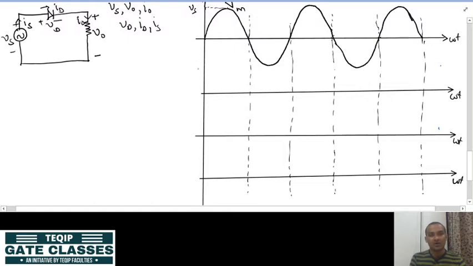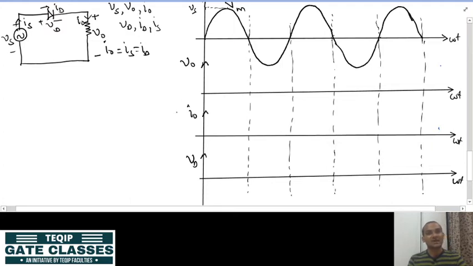Now, what we have to draw further is load voltage, load current, and diode voltage. In our case, if you see in this circuit, load current is equal to source current and equal to diode current. Alright.